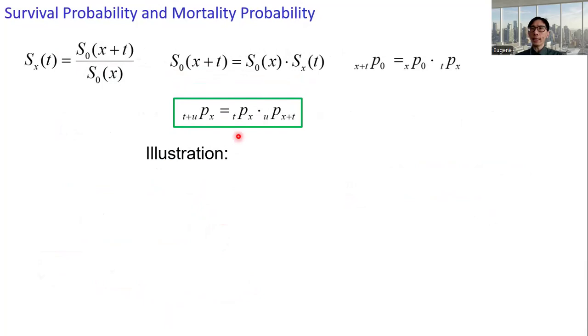Let's take a look at an illustration. 15 p x can be factored as 10 p x times 5 p x+10. A person at age x surviving at least 15 more years equals the person at age x surviving 10 years, reaching the age x plus 10, and then surviving 5 more years.